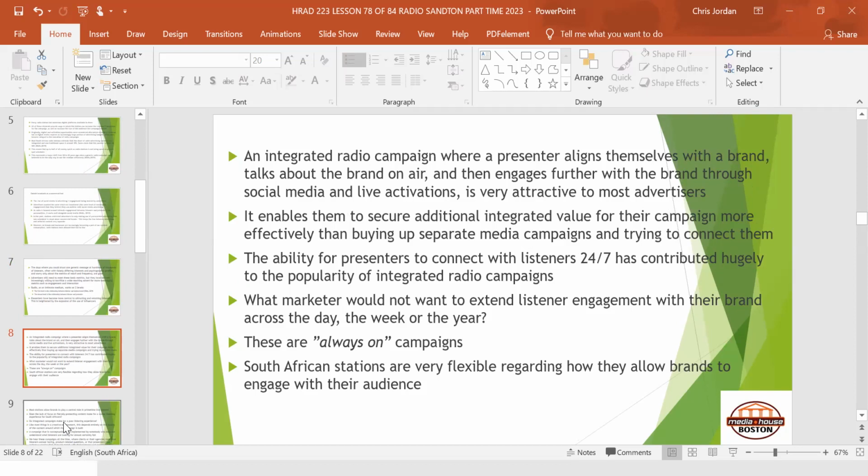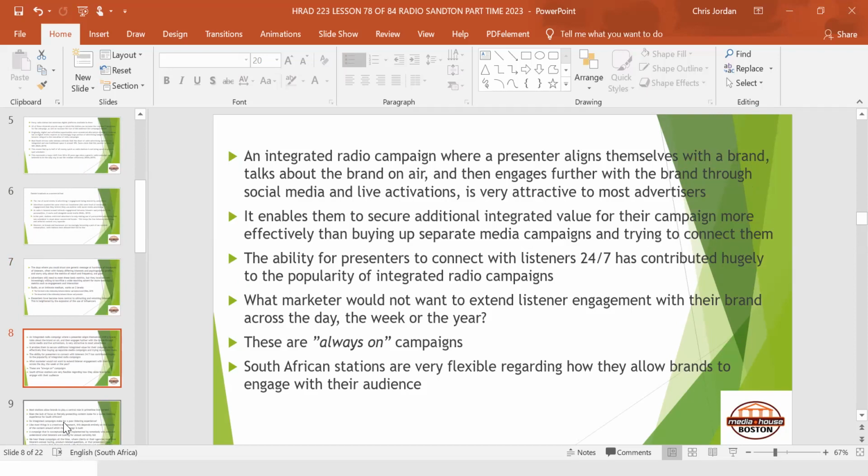Integrated radio campaigns, where a presenter aligns himself with the brand, talks about the brand on air, and engages further with the brand through social media and live activations, are really attractive to advertisers, because once again, you're a brand ambassador and an endorser of a product, right?